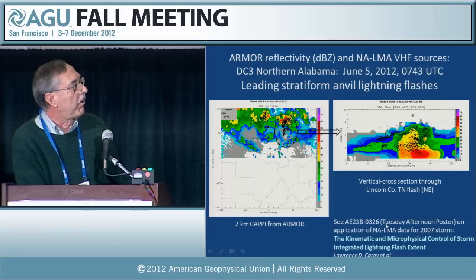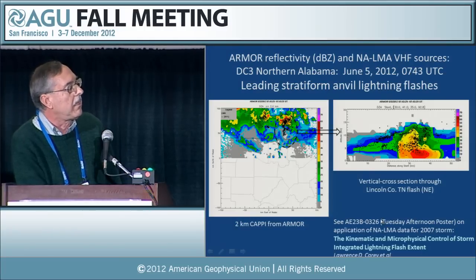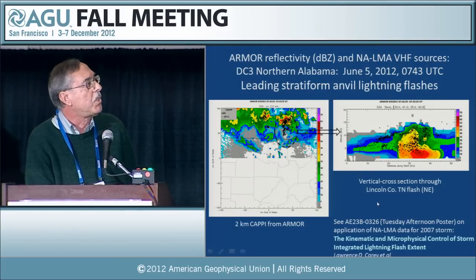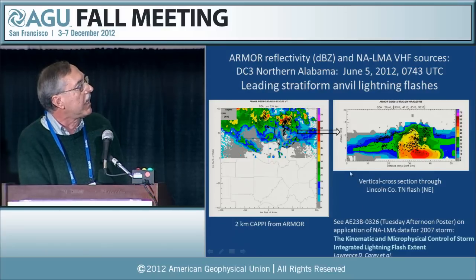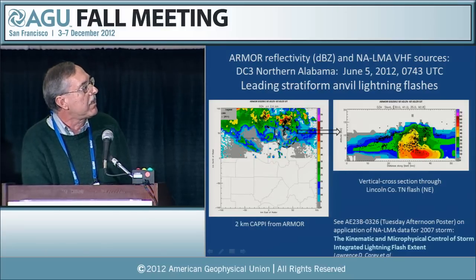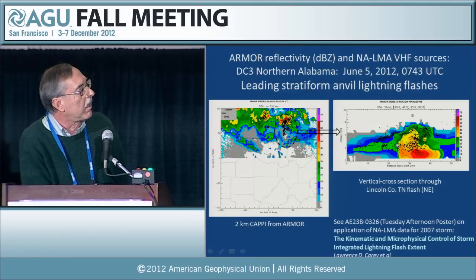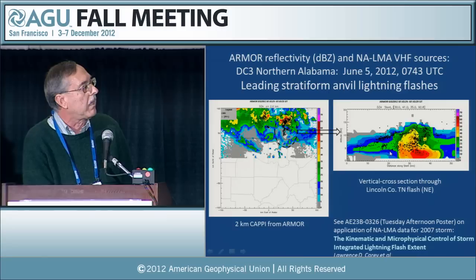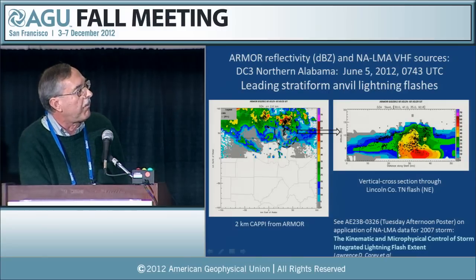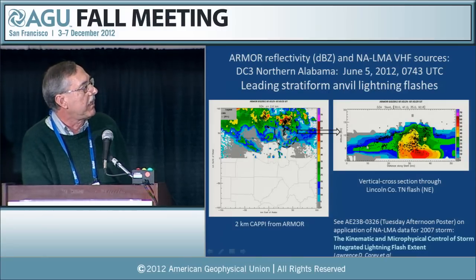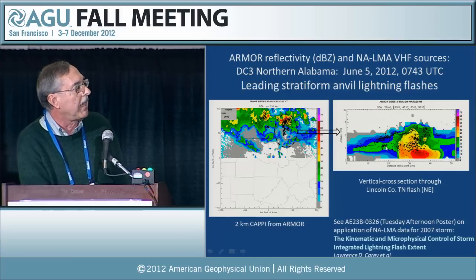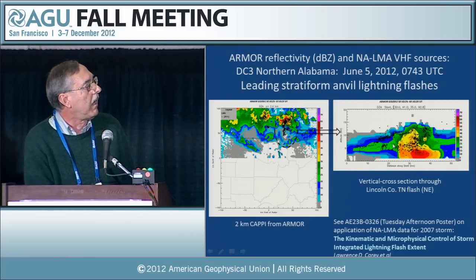And this is one example from the northern Alabama area, the June 5th storm. This was a major system here in northern Alabama, and here the LMA sources have been plotted over top of a radar depiction, and you can see that there was quite a bit of lightning activity out here in the leading stratiform area.